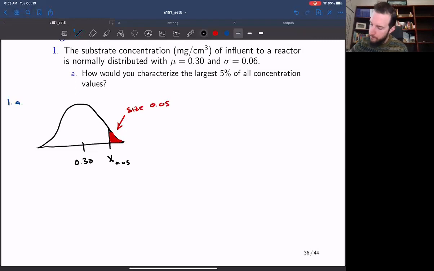As a result, this part here is a size of 0.95, which means that this value that we're looking for is actually the 95th percentile, okay?